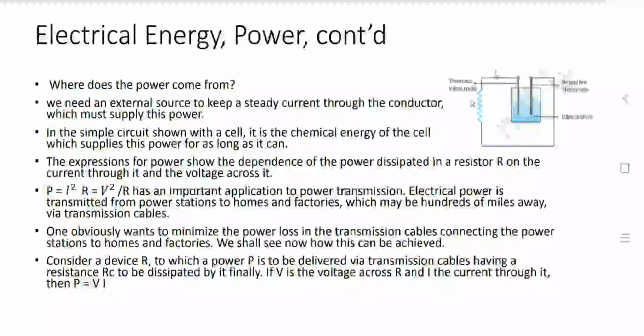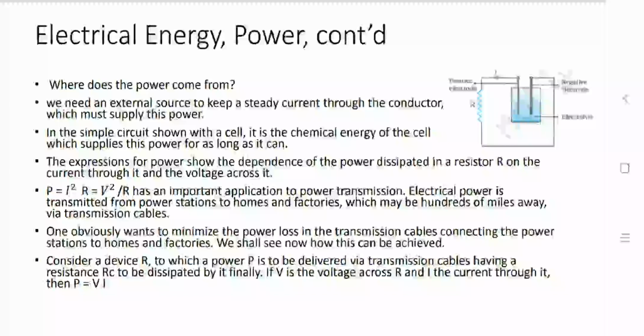We have the simple circuit of a cell in which chemical energy is available, which supplies the power. Here the electrolyte has two types of charge carriers, positive and negative. So two different electrodes are there: the positive electrode, known as the anode, and the negative electrode, known as the cathode, which is connected with the resistor.